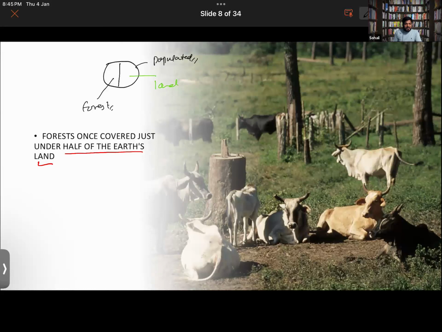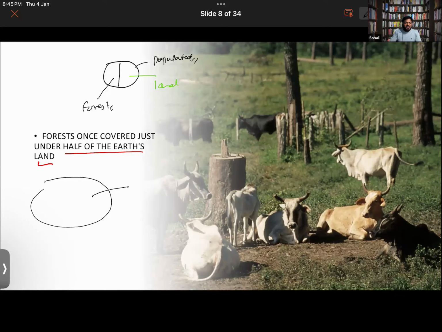So earlier, thousands of years ago, forests were covering just under half of the Earth's land. Right now, humans have occupied a vast portion of the land surface.